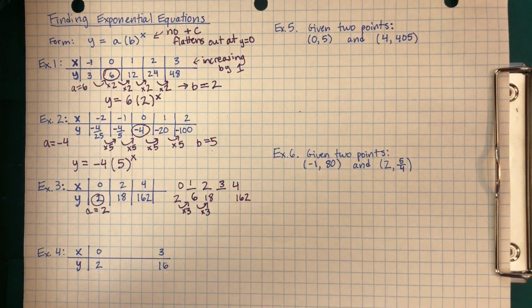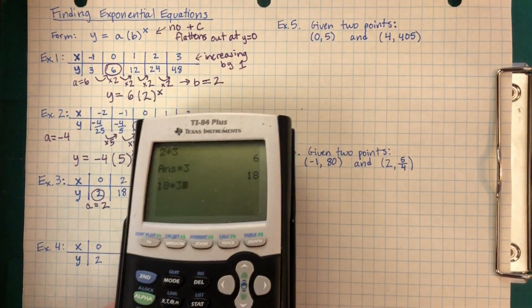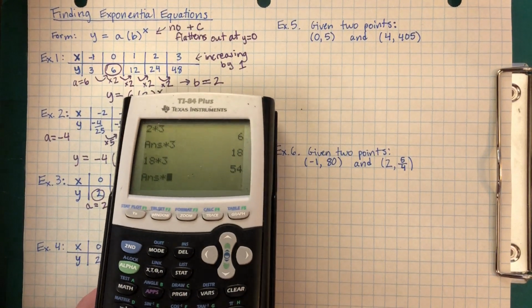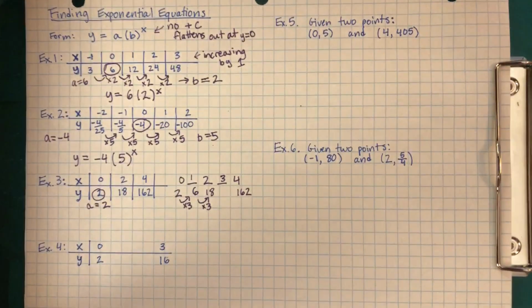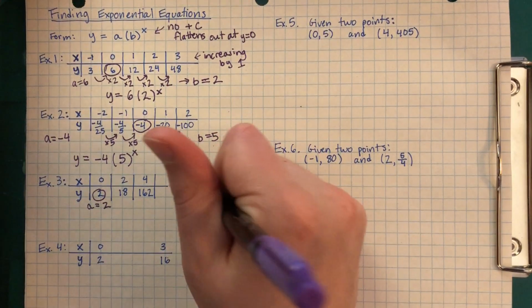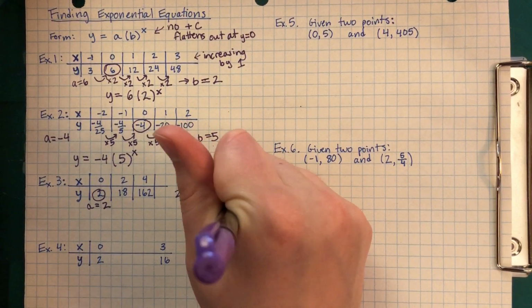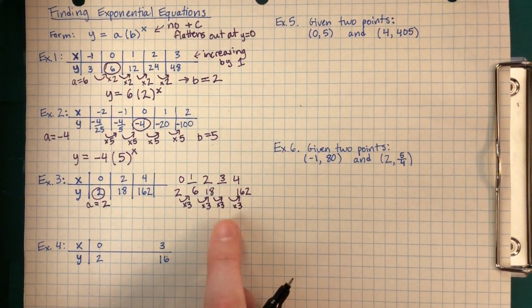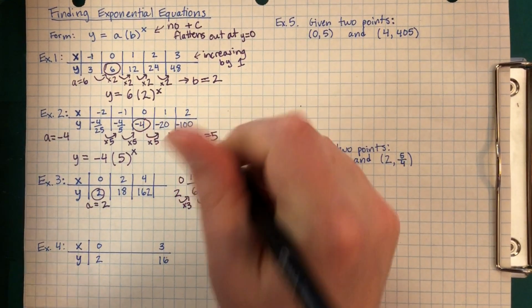Let's make sure that this pattern holds. If I take 18 and I multiply it by 3, I get 54, okay. And then if I multiply that by 3, I get 162. So if I take 18 and I multiply it by 3, and I multiply it by 3 again, I get 162, and this middle number was 54.